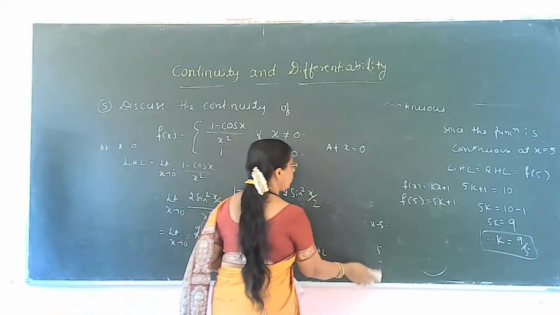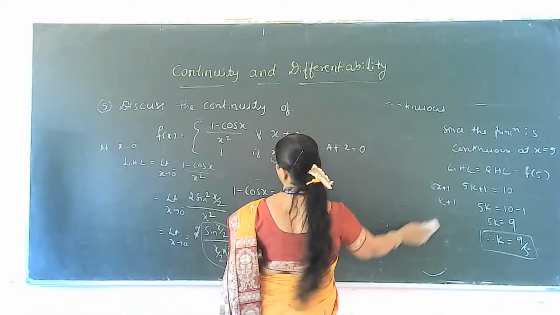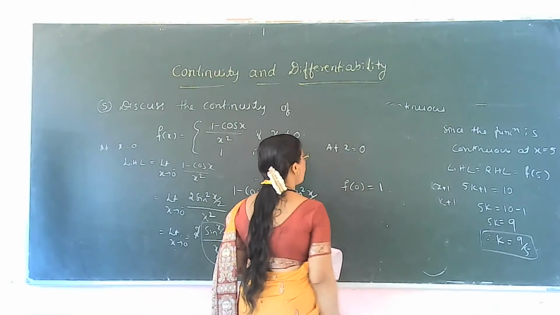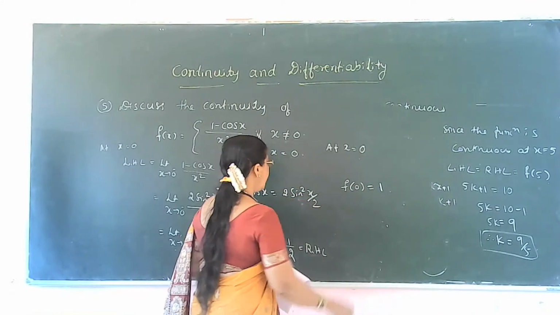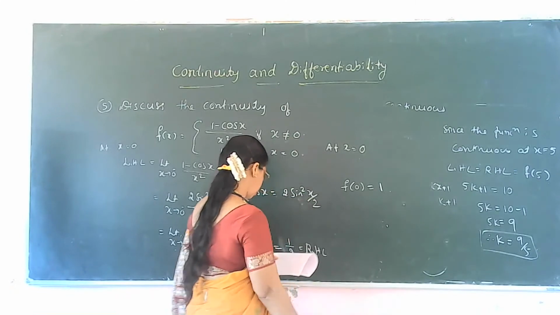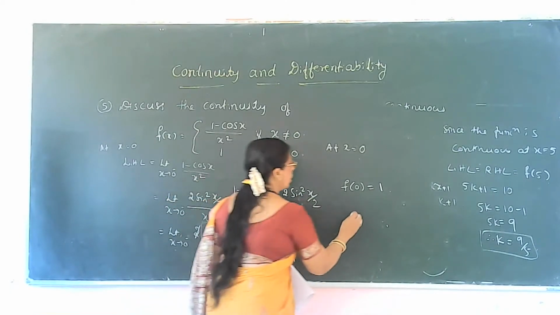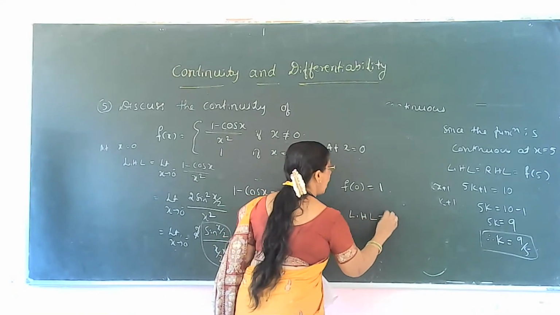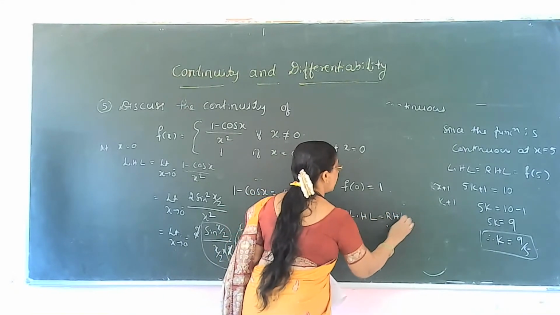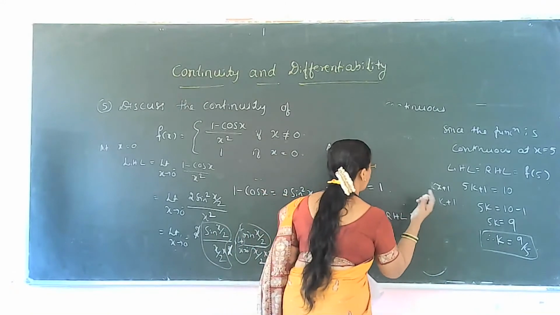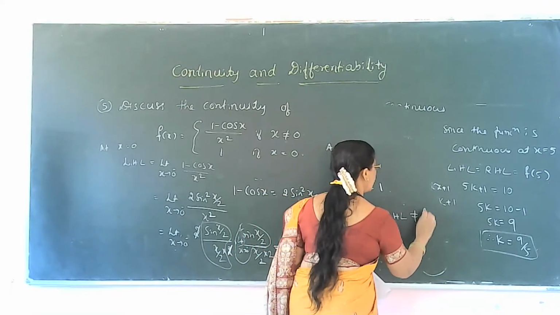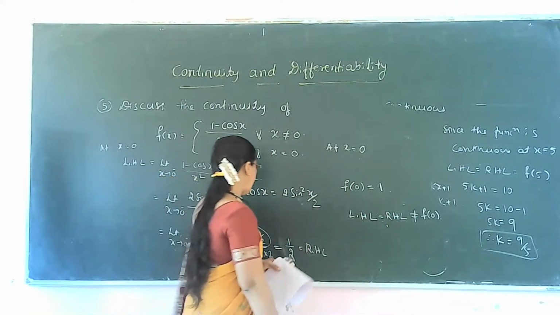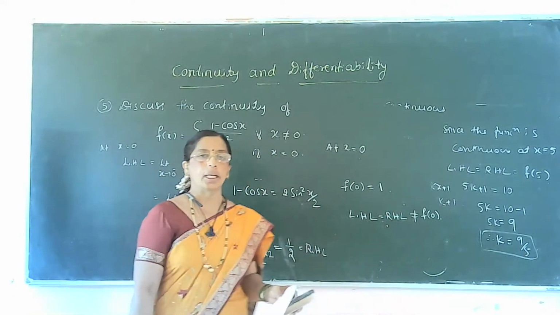Then f of 0 is equal to 1. They have given f of 0 is equal to 1. Therefore, equating these, LHL is equal to RHL, but it's not equal to f of 0. 1 by 2 is not equal to 1.